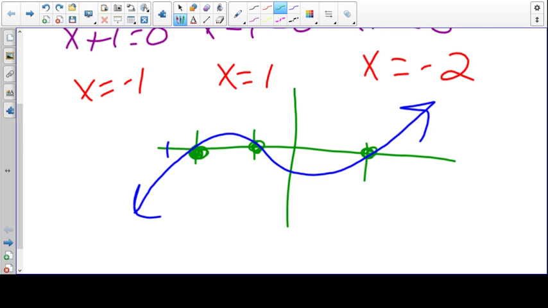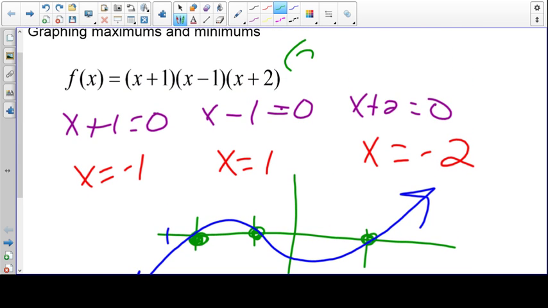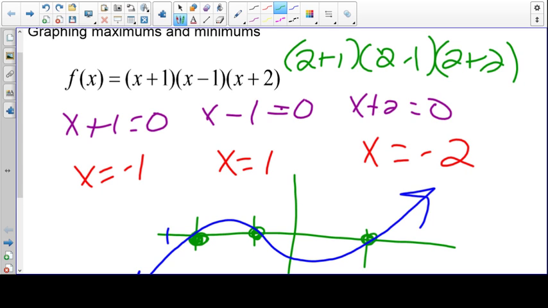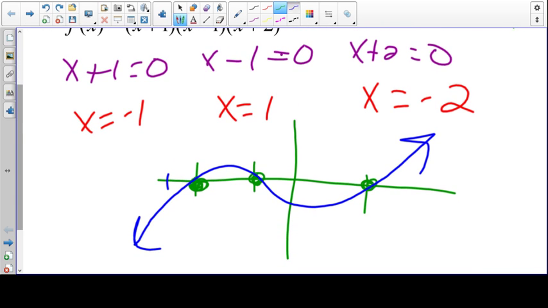Now say you plugged in a value bigger to the right, which would be 2. You would have 2 plus 1 times 2 minus 1 times 2 plus 2, which would give you 12. And 12 is on the larger side, so when I would be at 2, I'd be out here someplace at 12.